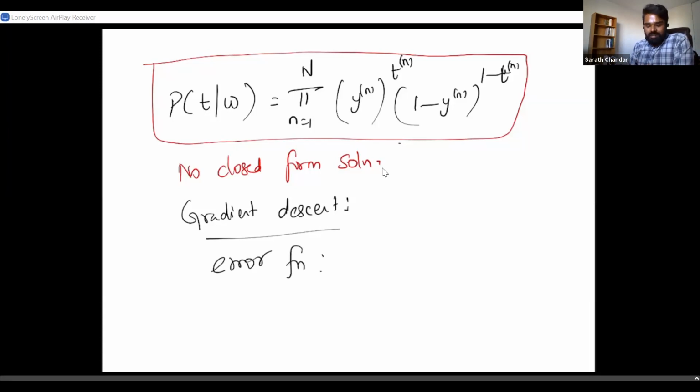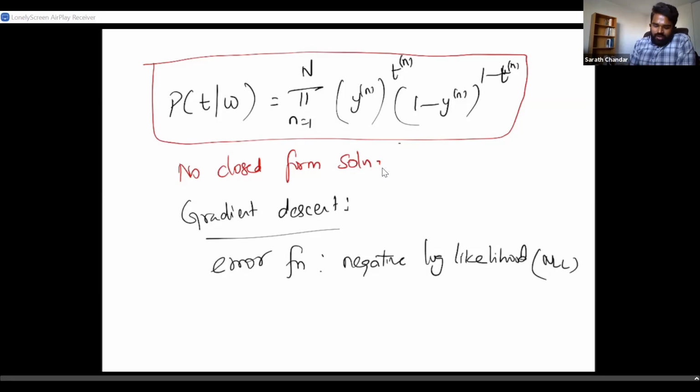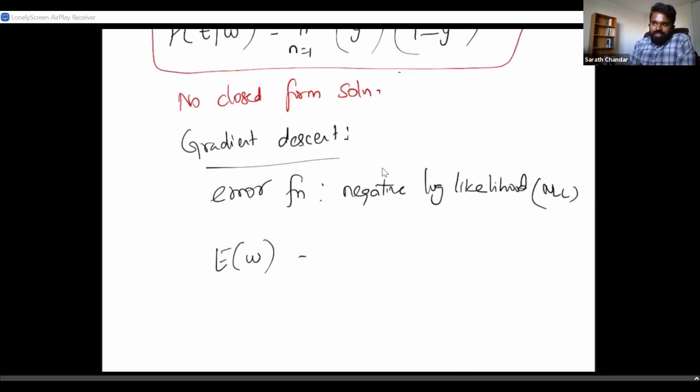The error function is simply the negative of the likelihood. If you're minimizing the error function, which is the negative log likelihood, then you're implicitly maximizing the likelihood. We will shift to log because it's easy to deal with. So the error function is defined as minus ln probability of T given W.